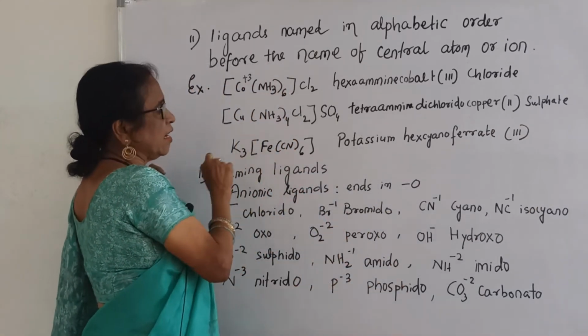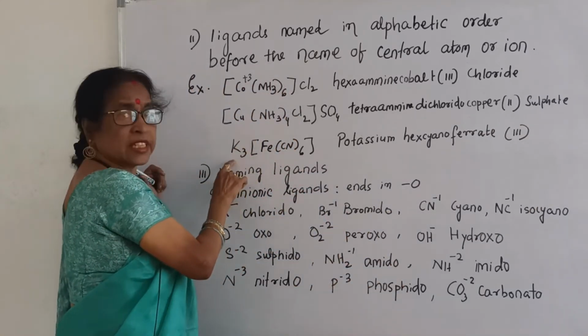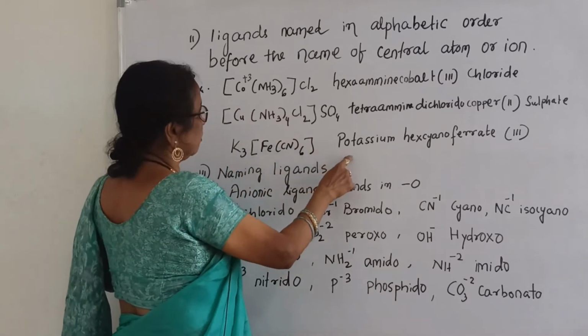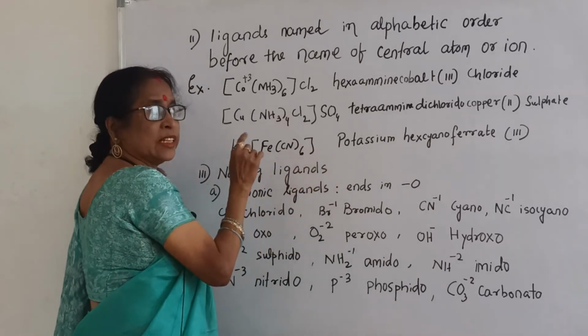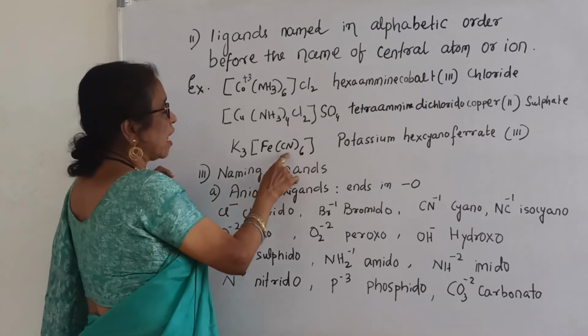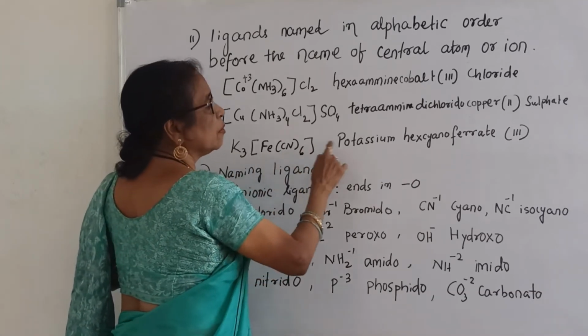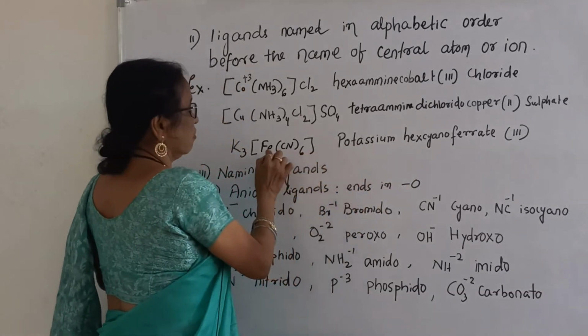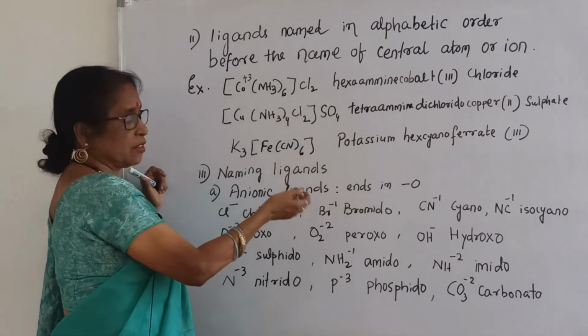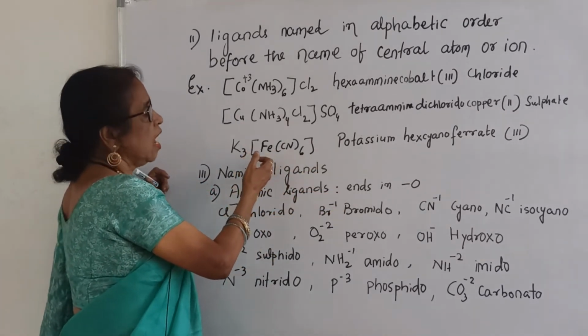Now it is an anionic complex, potassium. Since it is the cation, you will write potassium. Hexacyano, CN, the cyanide group is known as cyano. So potassium hexacyano ferrate, I will tell you why it is called ferrate.